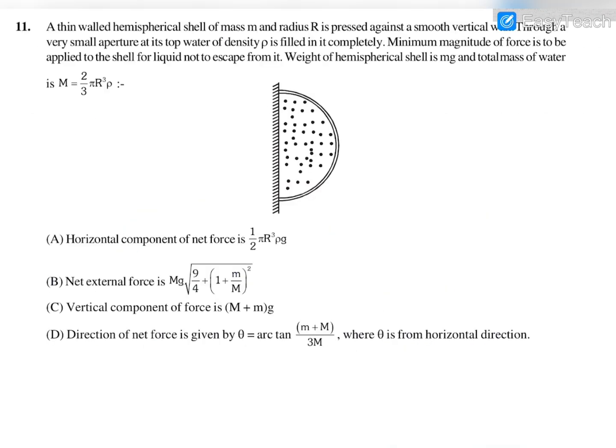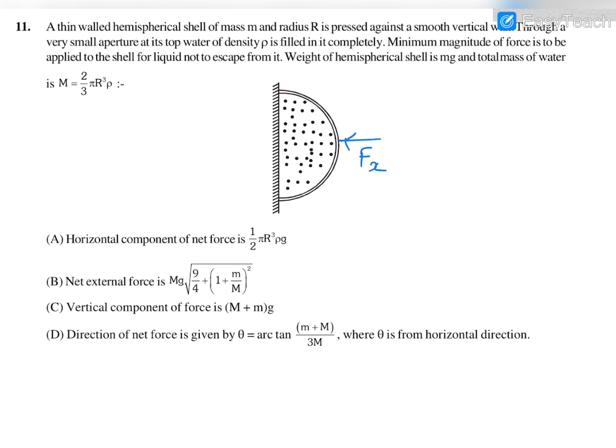Now in this question you can see that there is a thin hemispherical shell of mass m. Now the shell has mass m and radius r, and this shell is being pressed on the wall by some force, let's suppose it is Fx, and this shell is filled with a liquid of density rho from the top, and there is a small opening at the top.